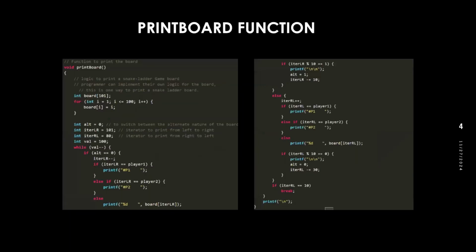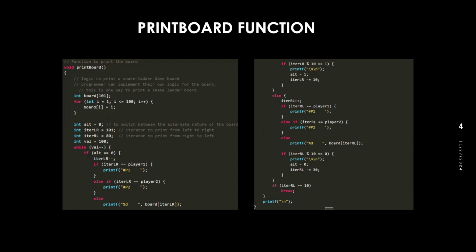The next function is the print board function. This function is responsible for visually representing the state of the game along with the players' positions. It gives us an array called board of 101 elements, created to represent squares 1 to 100.